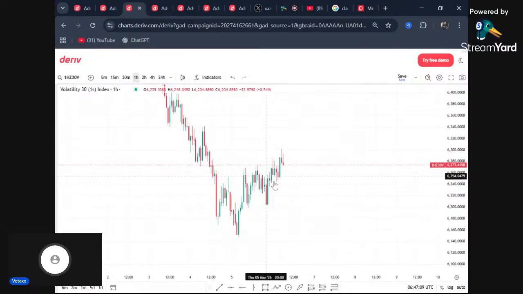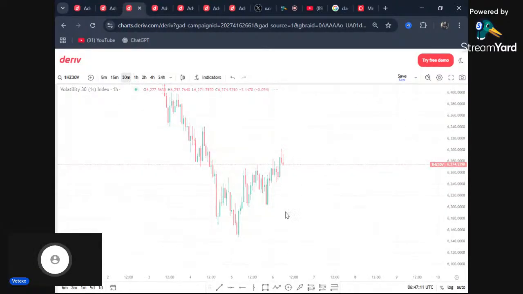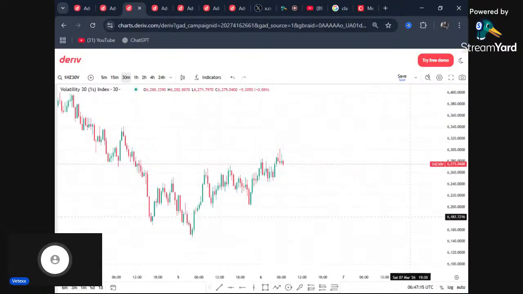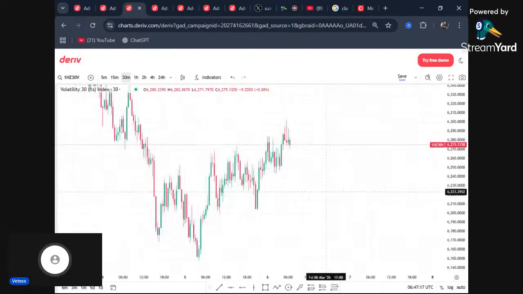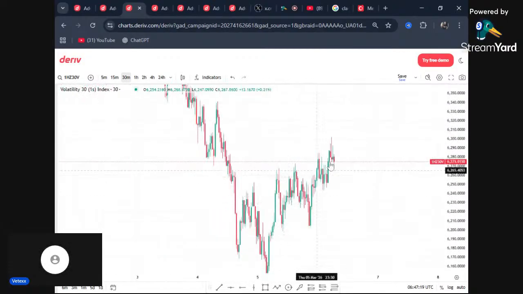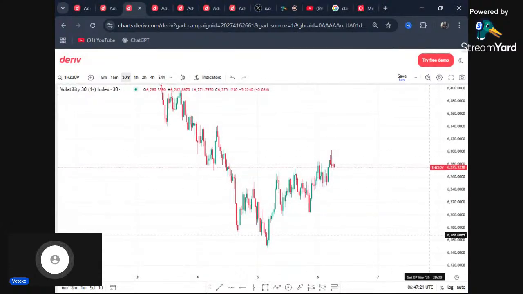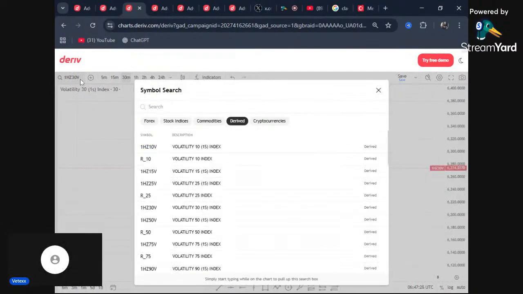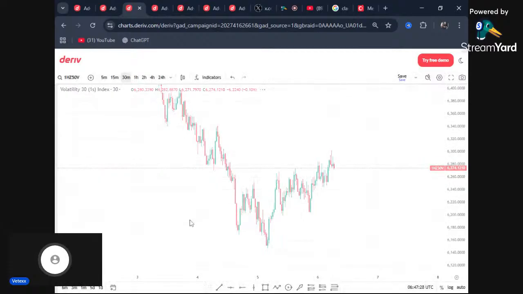What can you see? Nothing important here right now, so we are not going to be focusing on any trade. Once we don't see what we are looking for, we'll move on to the next. So the next pair we are going to be checking is V51S.